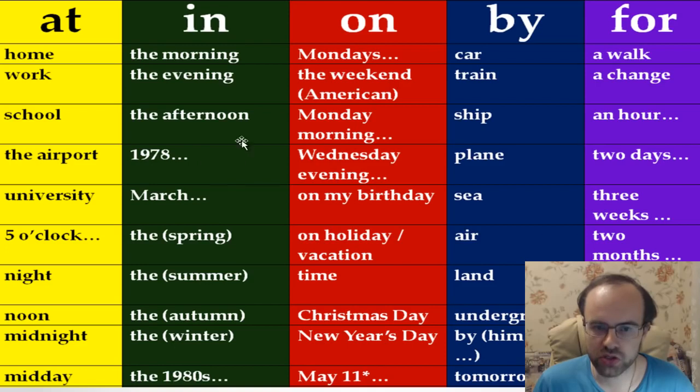We also use in with months, so in March, in February, in December, in April, in July, and so on. We also use in with seasons. Students often ask me, how should we say in spring or in the spring?